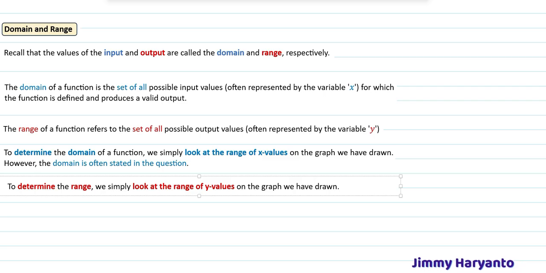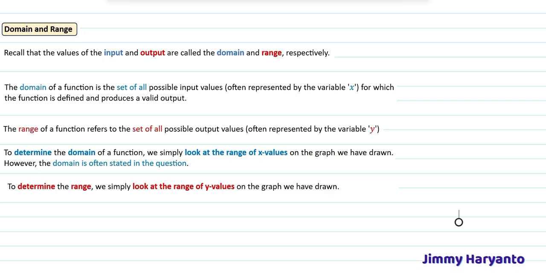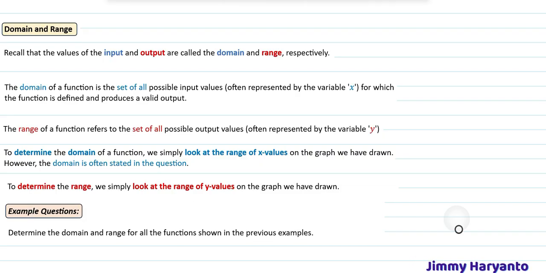I will show this to you later in the example questions. To determine the range, we simply look at the range of y values in our graph, and then we only have to write down the range of the values of y, and it will become the range of the function. And then we go straight to the example questions.